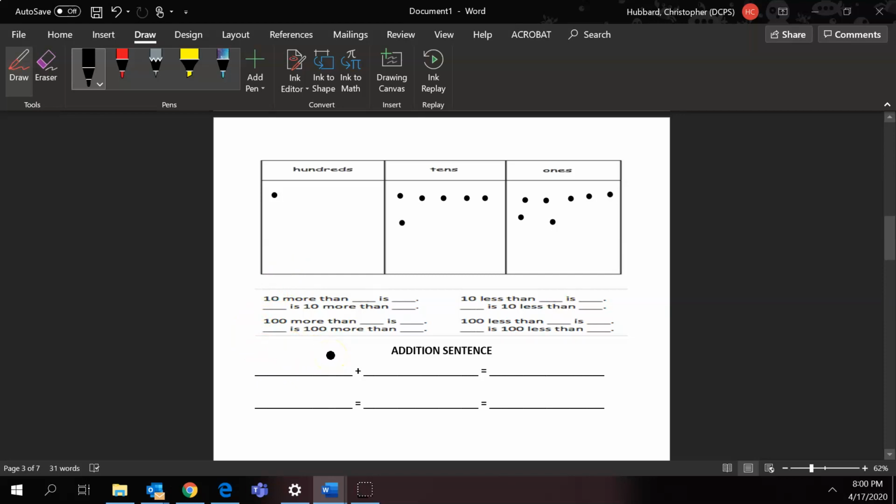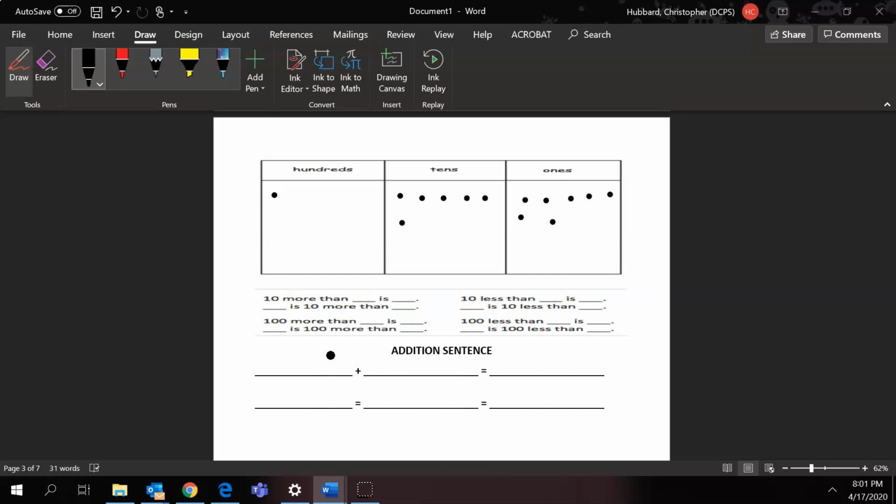I'll give you a second to think about it. So if you said that 10 more than 157 is 167, or that 167 is 10 more than 157, then you are correct. We added 10 to the tens place, and that caused us to have a different number.